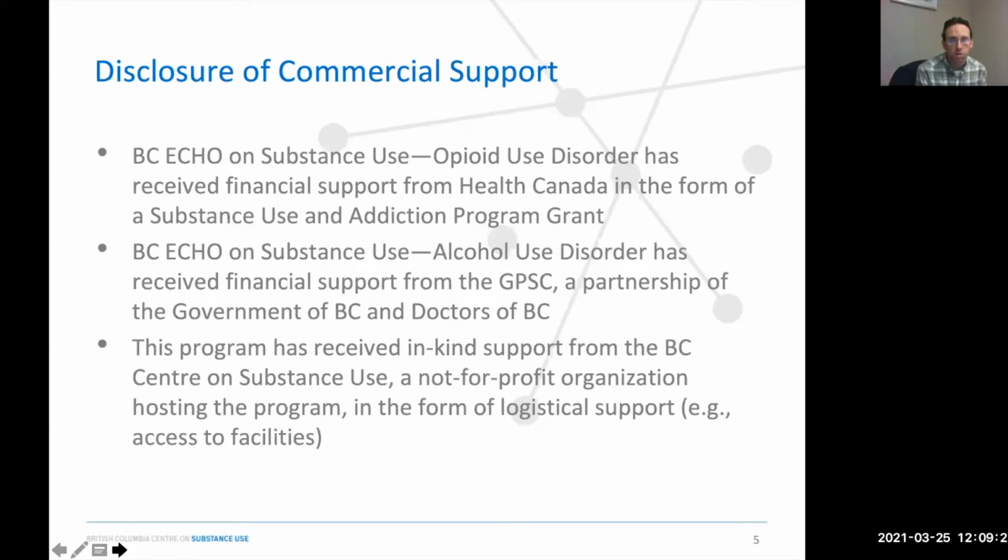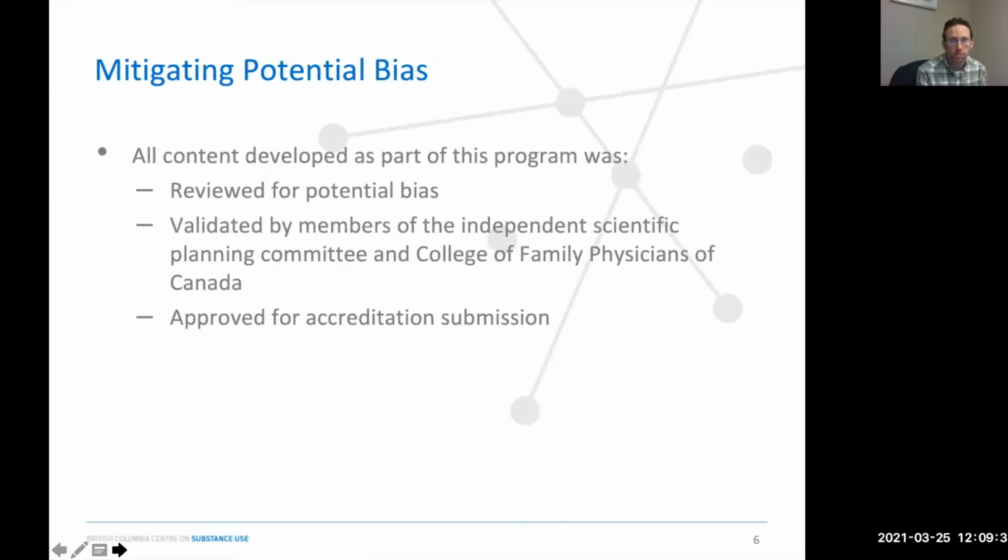Opioid use disorders received financial support from the Health Canada SUOP grant and from the BCCSU, but no industry supports. All content has been reviewed for bias, validated by the planning committee, and approved for accreditation has been submitted.